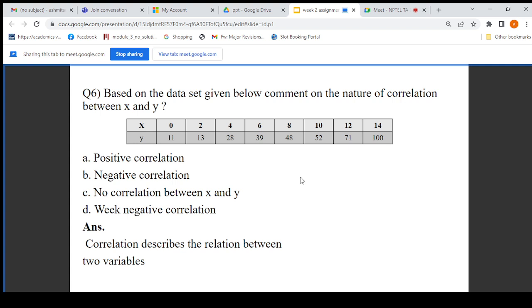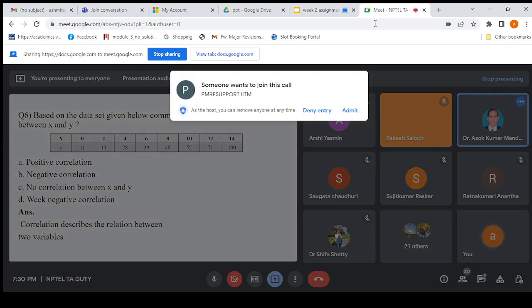So what type of relation is this? Positive correlation. Okay. Yes, positive correlation. Someone is telling negative correlation. Okay. So whoever tells positive correlation, can you explain why it is a positive correlation? And whoever told it's a negative correlation, can you explain why it is a negative correlation?